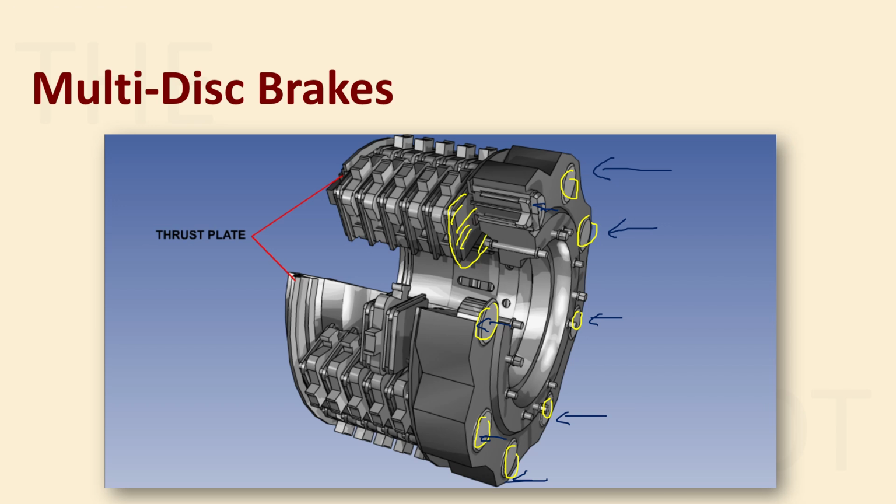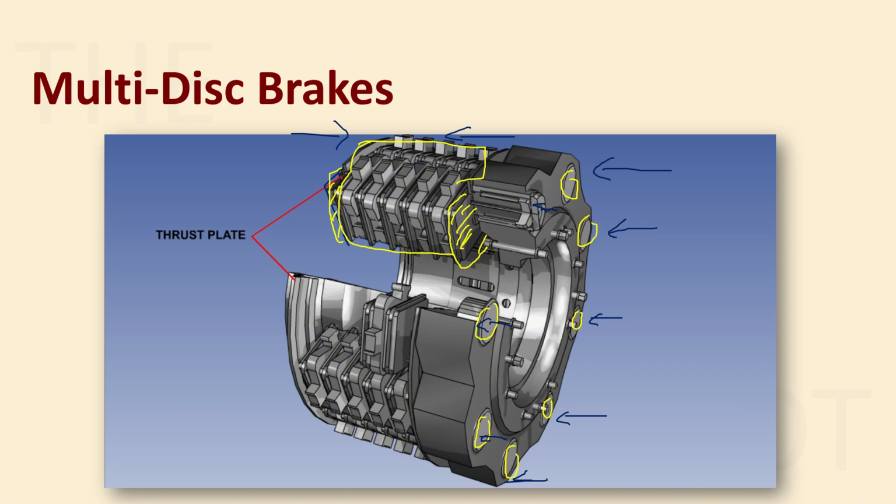Now, the pressure plate and the thrust plate have all of these discs in between, right? All of these discs of stators and rotors are between the pressure plate and thrust plate. And this whole assembly is getting compressed because the pistons are pushing.